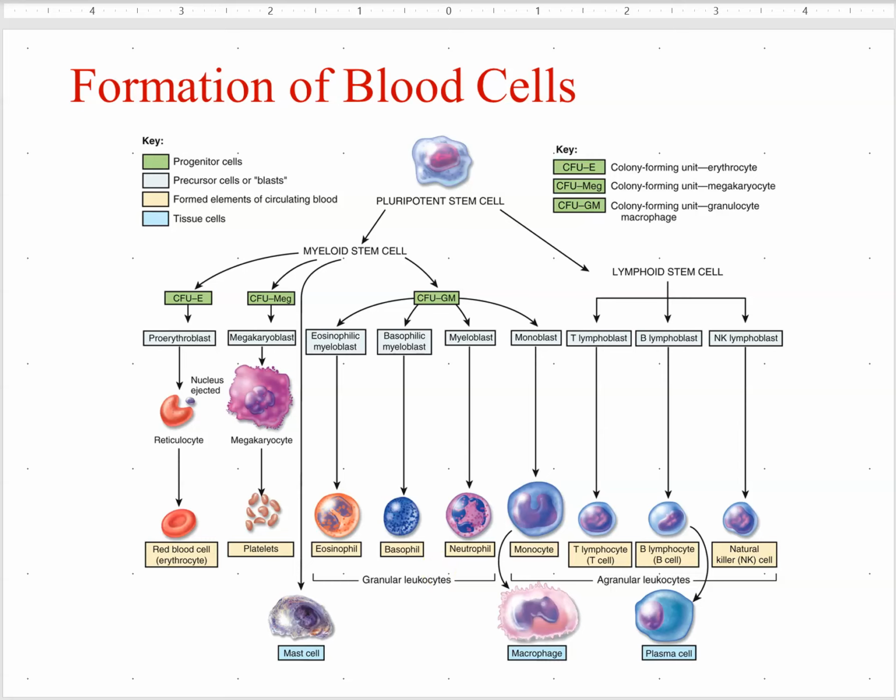Now, the lymphoid and myeloid stem cells don't immediately differentiate into formed elements, as you can see. They go through several different intermediate stages where they first form precursors or forerunners, and later they develop or mature into different types of formed elements that we see in blood.